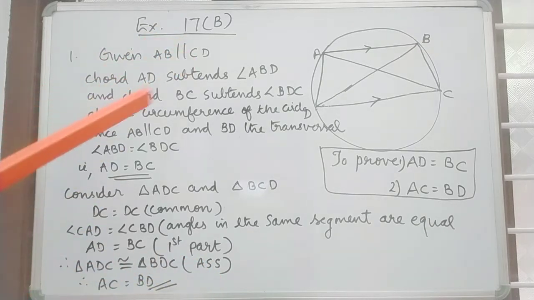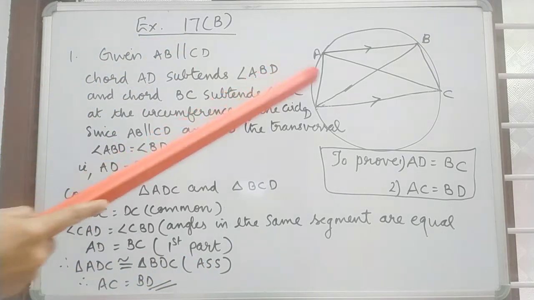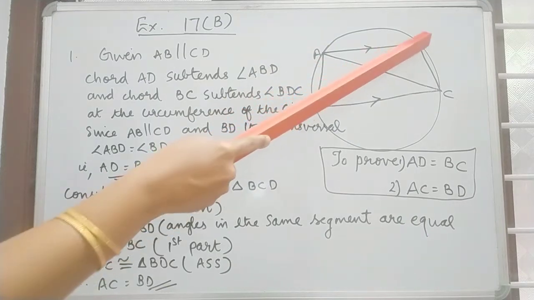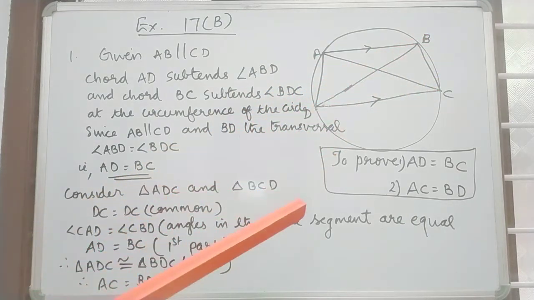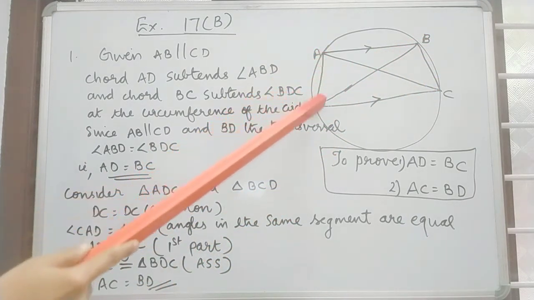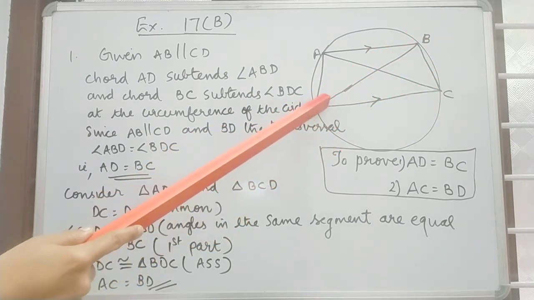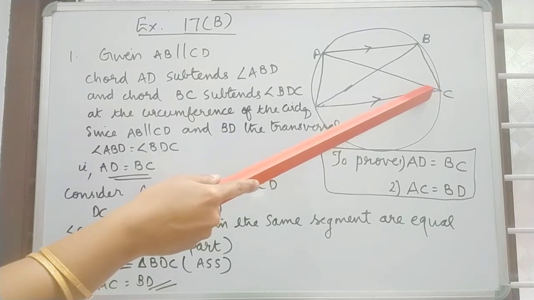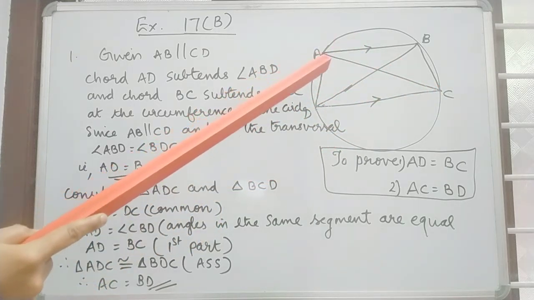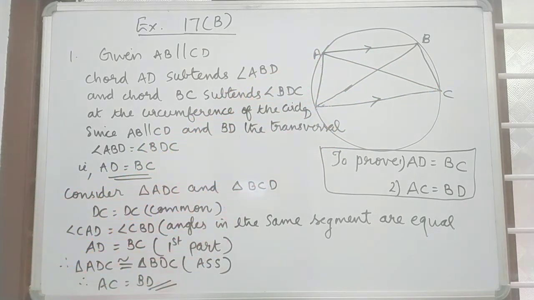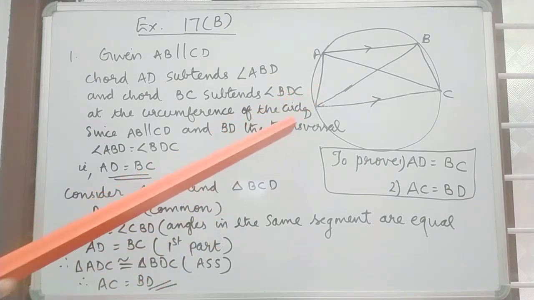Then we already proved AD is equal to BC. So consider this triangle. AD is equal to the side of the other triangle BC, and DC is equal to DC itself. Then one angle is also equal. So using congruency, we can say that triangle ADC is congruent to triangle BDC.